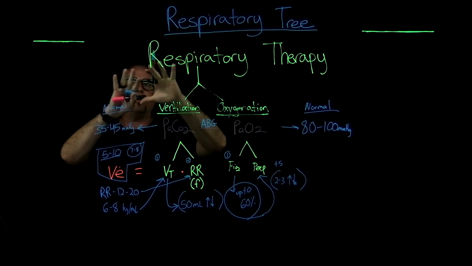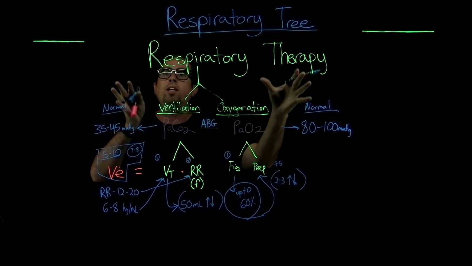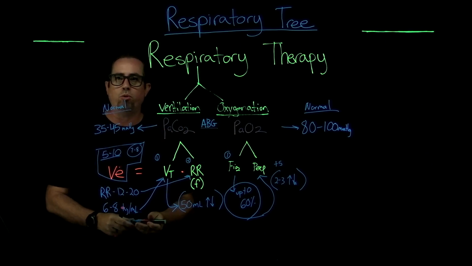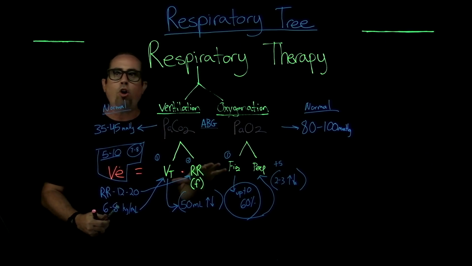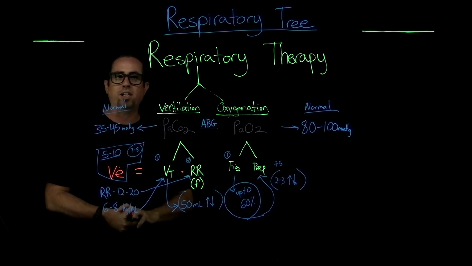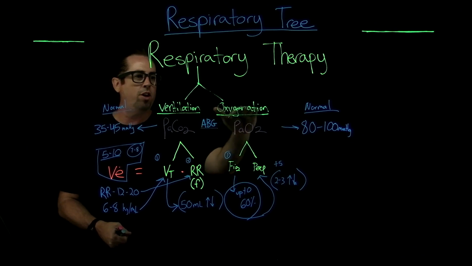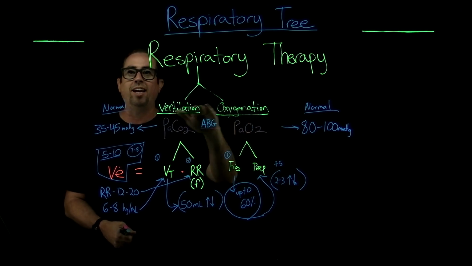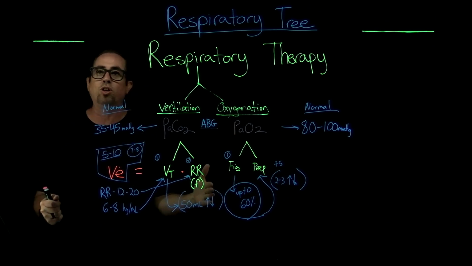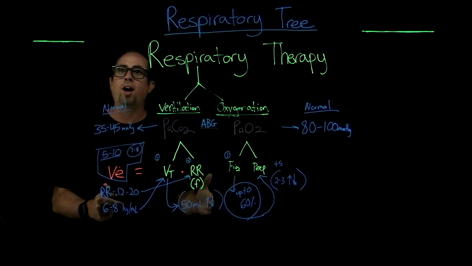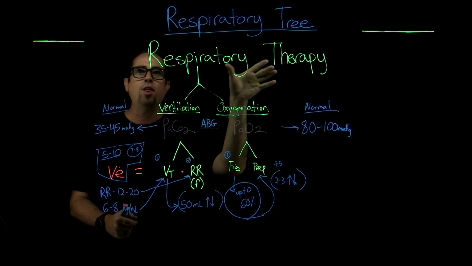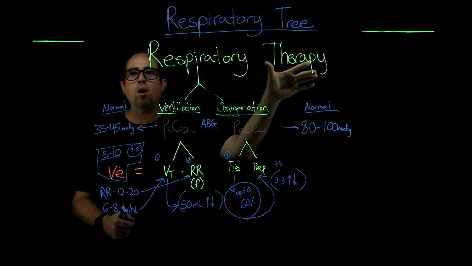This is just categorizing respiratory therapy. You can see what we're doing already, and you see how simplified we're making it? In all things respiratory, you need to get to one side or the other on the tree, because it all boils down to one thing or the other: ventilation or oxygenation as RTs. There's a lot of things that we do, but what are we trying to correct? What's our therapy?